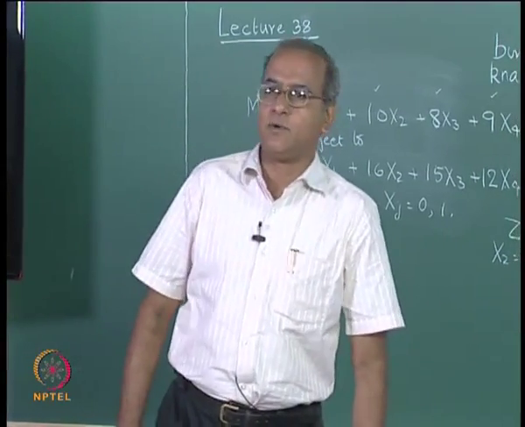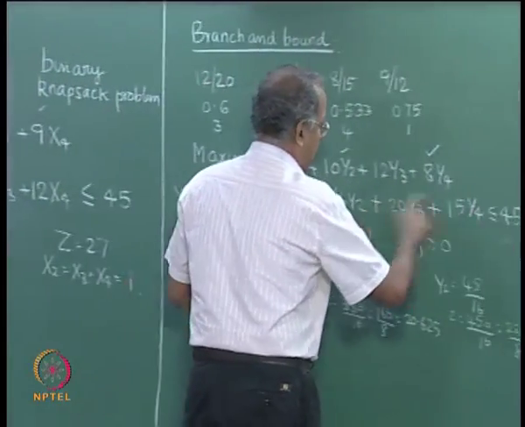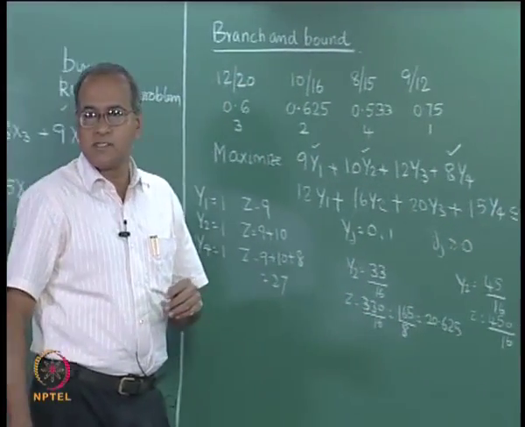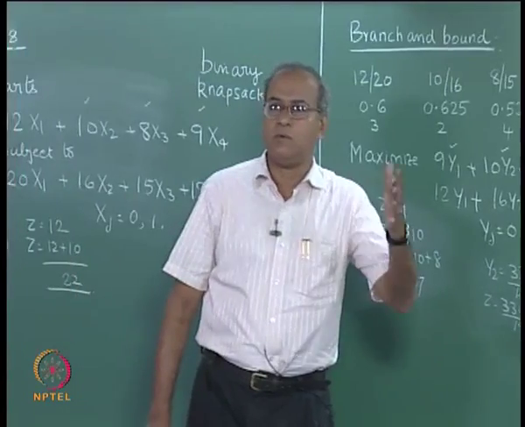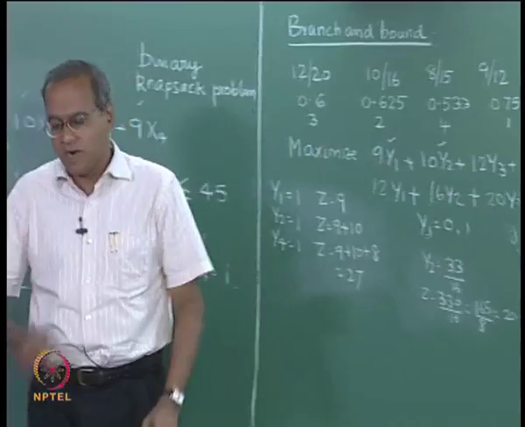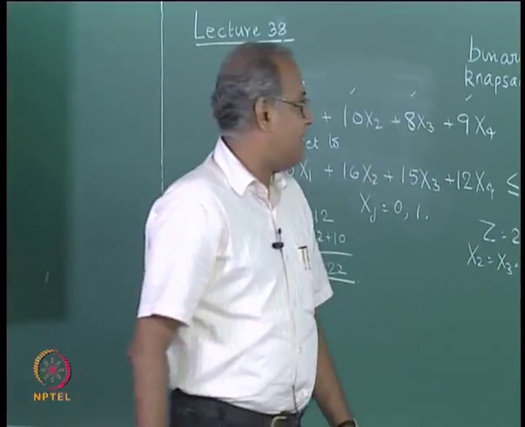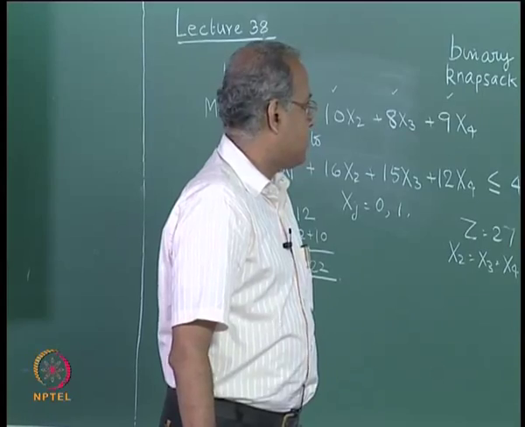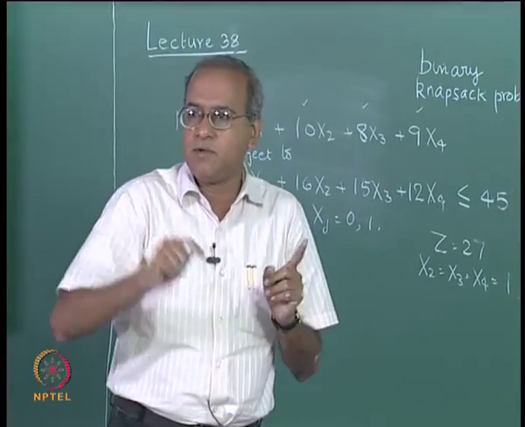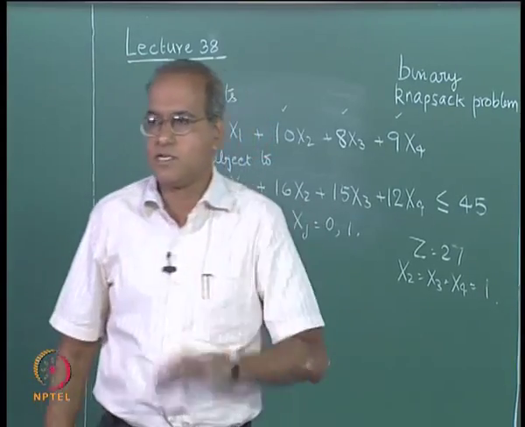So, we could have situations where 1, 3 and 4 would be optimal, whereas the heuristic could show 1, 2 and 5. So, we could get into situations like this.